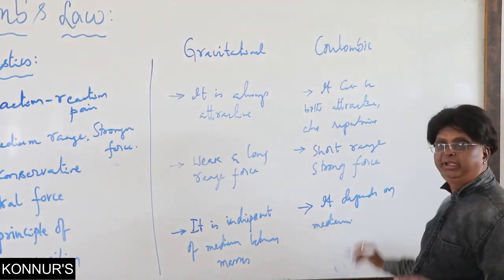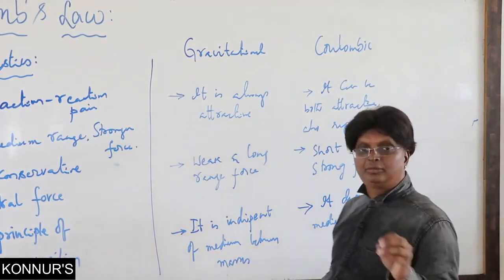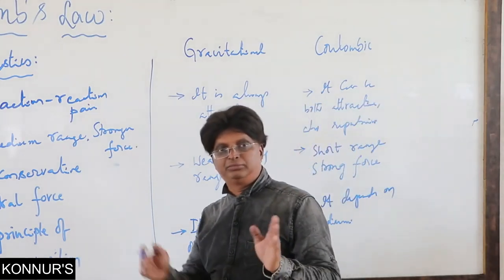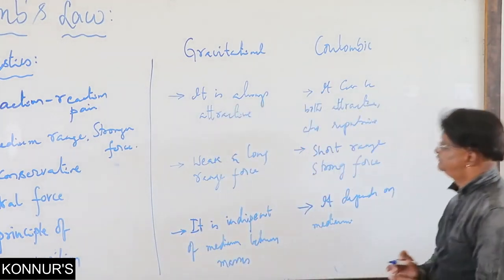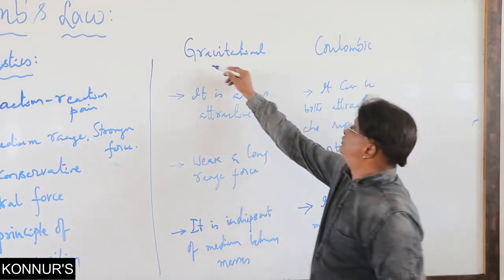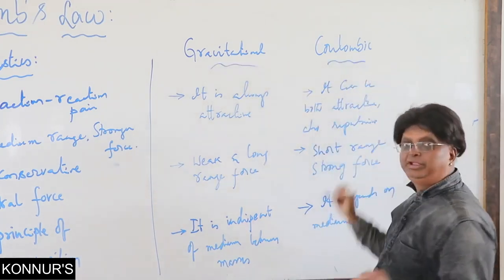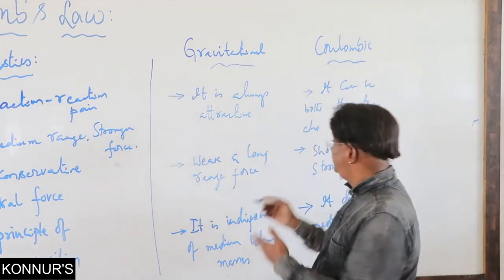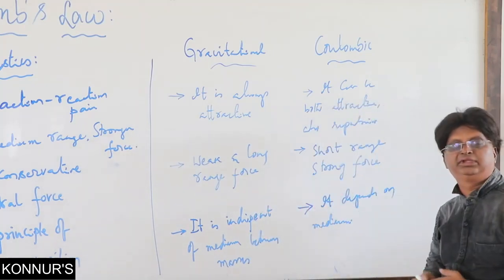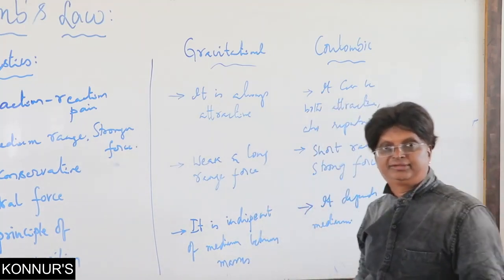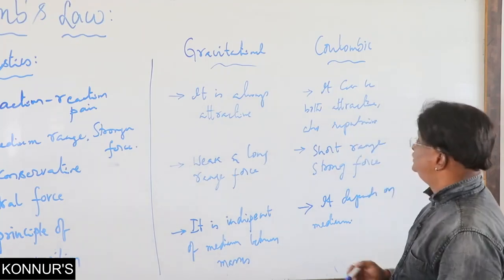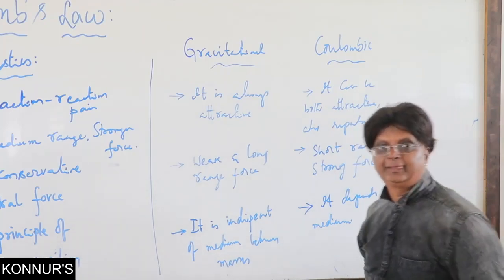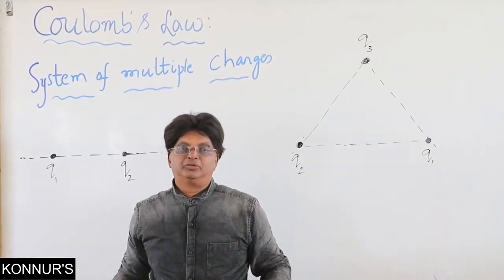It depends upon the medium such that it is maximum in the case of air or vacuum between the two charges. So this is how you can also be asked in a 2 marks question, or it can be a very important thing for our CET NEET conceptual questions. Write this, practice it.